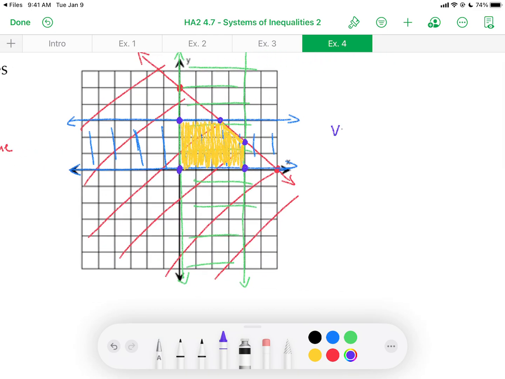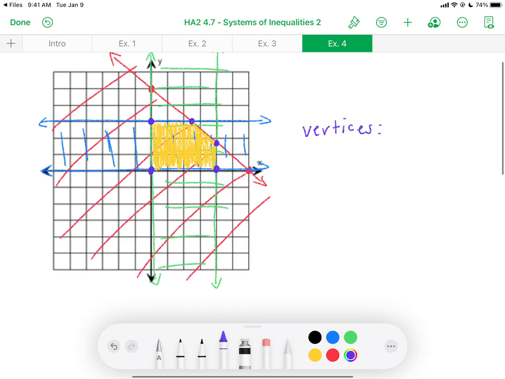Okay, so I'd say three of those are really easy to find. One of them's the origin, right? Another one is at 0, 3. And then another one is at 4, 0. Okay?